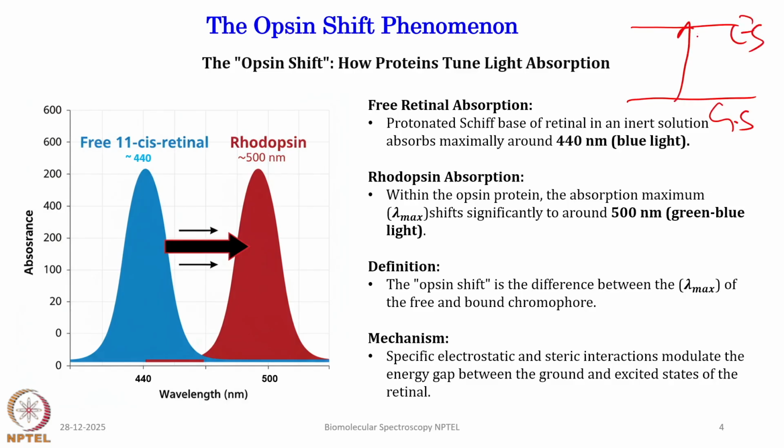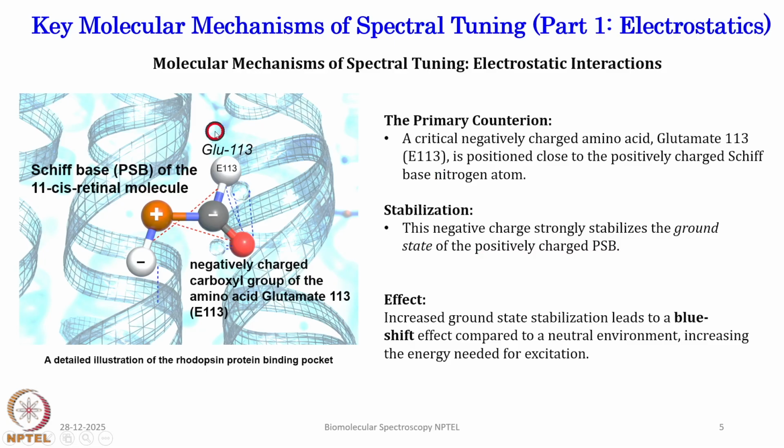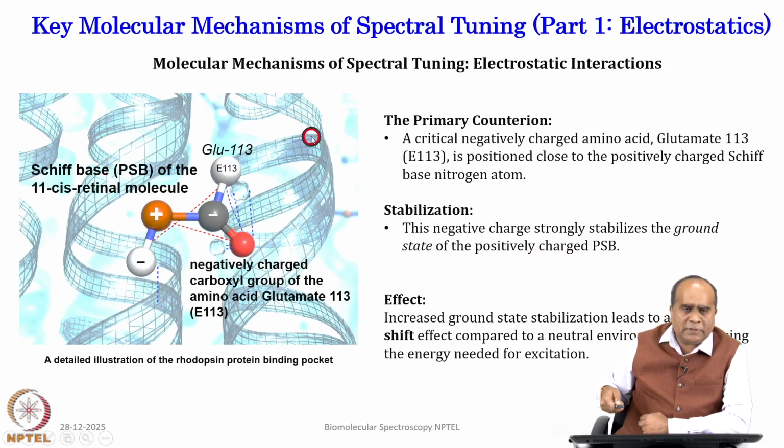So, in the free form this equals 440 nanometer, and something happens upon this interaction, this shifts, and then after shifting this lowers down, right. So, lambda max in free retinal is 440, and once it is bound it becomes 500. Here is the interaction that we are showing now of the opsin protein with this 11-cis retinal molecule, right. So, this is the interaction that is happening.